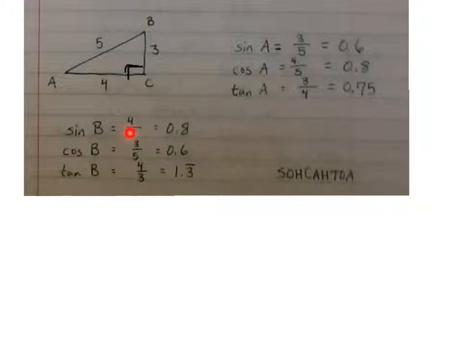Cosine B is adjacent, the leg that touches B, over hypotenuse, so 3/5, or 0.6. And then finally, tangent B is opposite, so opposite B is 4 over adjacent, which is 3.